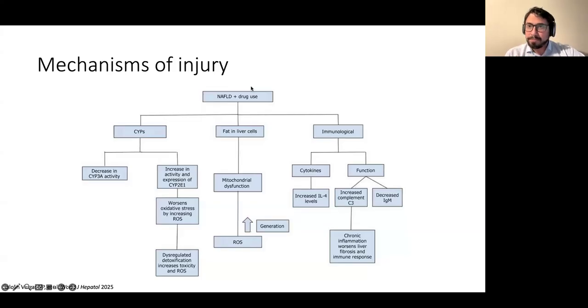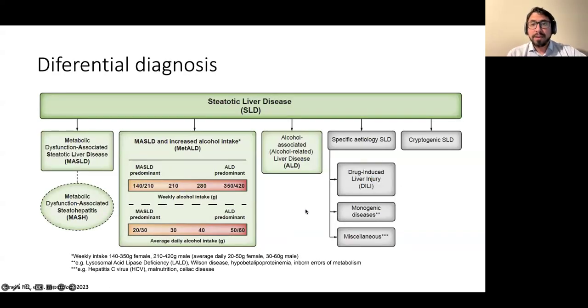So some authors propose different mechanisms of injury in people with underlying MASLD. I mentioned that CYPs can be higher or lower according to the presence and severity of MASLD, but also some medications can induce mitochondrial dysfunction, and some medications can have relevant immunological mechanisms that can modulate this effect.